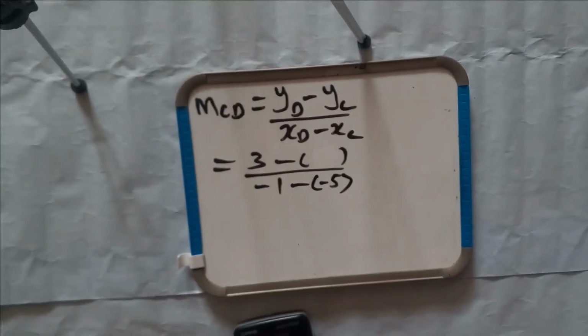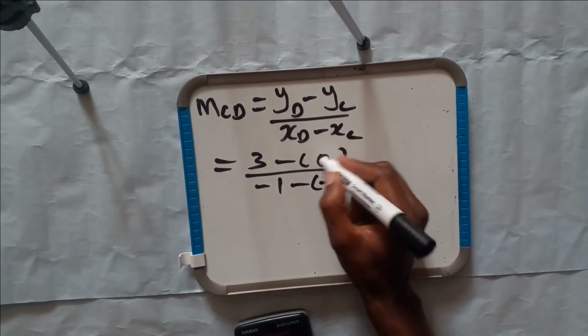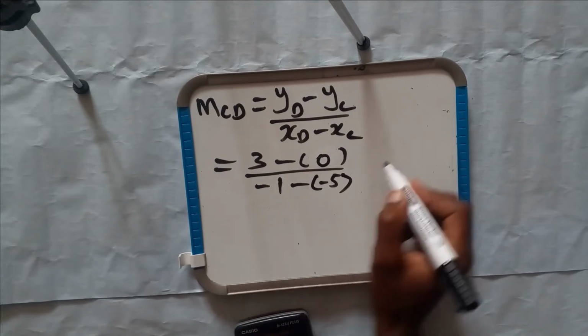This is supposed to be YC, where YC is 0.